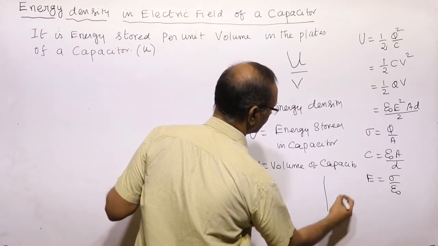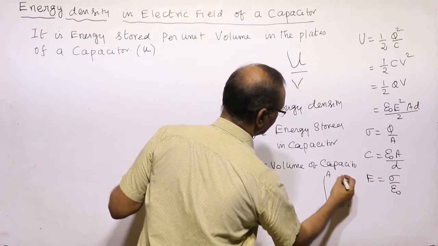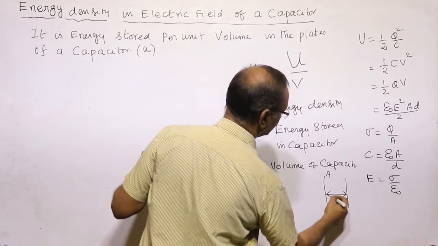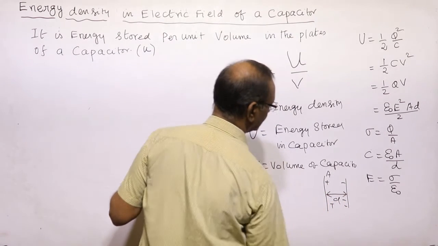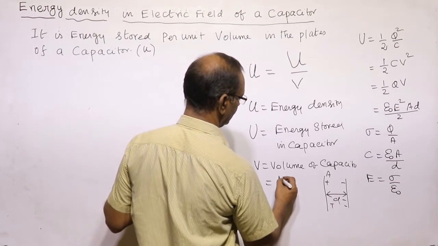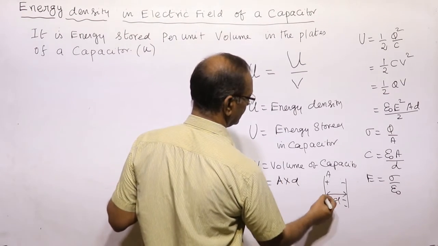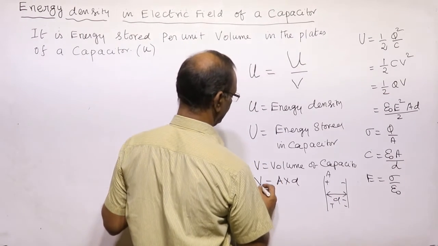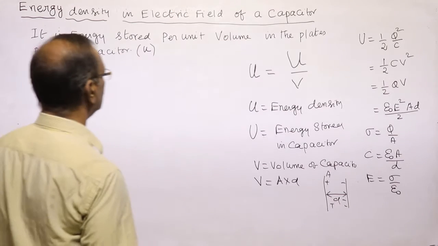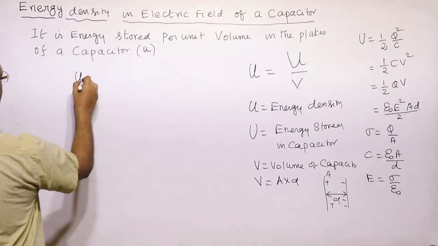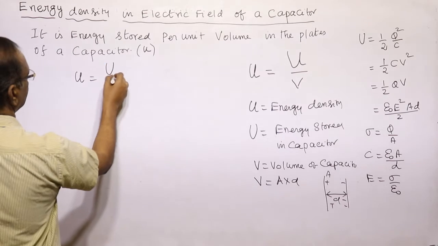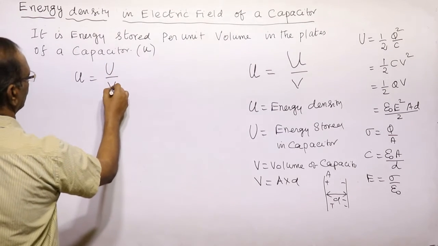So this is the capacitor whose area is A and the distance between the plates is D, one plate plus and the other minus. The volume is equal to area into the distance of separation, so V is equal to A into D. So energy density is equal to energy stored per unit volume, which we have already derived.